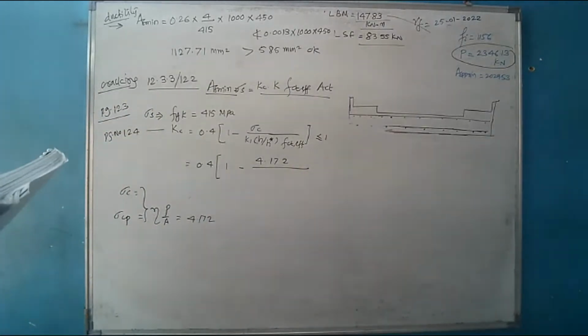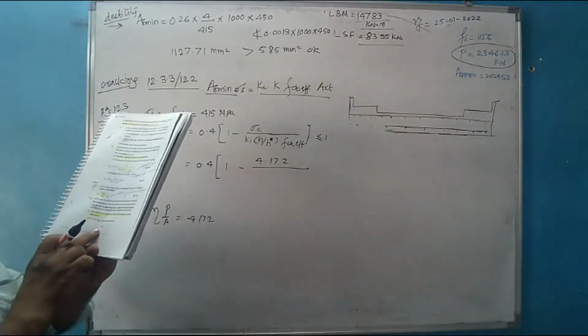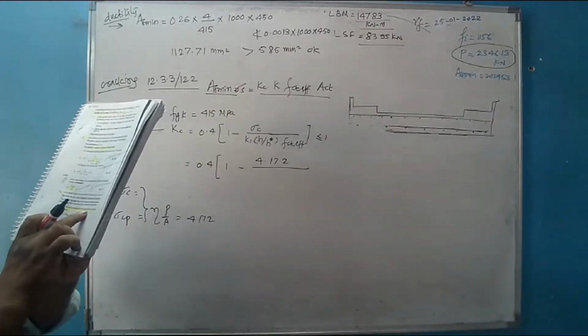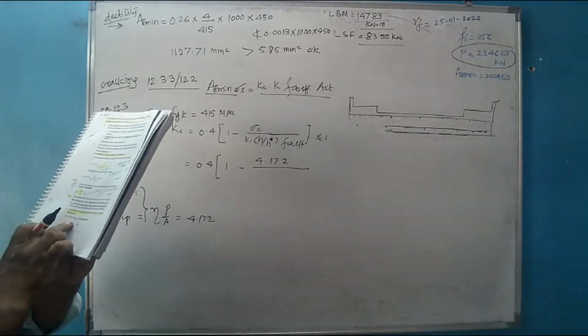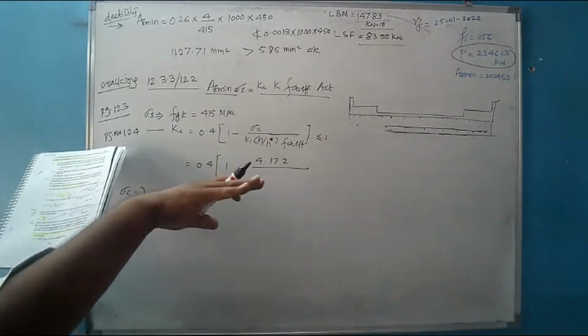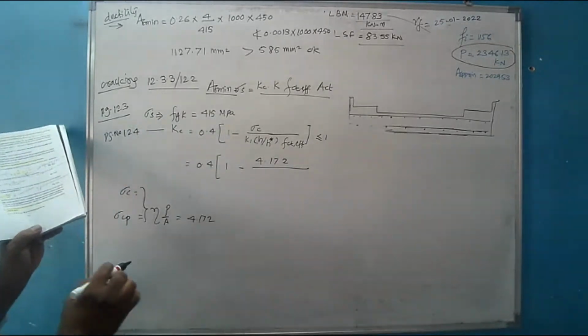What is k1? Now k1 is defined here below on the same page number 124. k1 is a coefficient considering the effect of the axial force on the stress distribution. k1 is equal to 1.5 if NEd is a compressive force. NEd is that compressive force which is the pre-stressing force, and it is compressive. So the value of k1 to be considered is equal to 1.5.